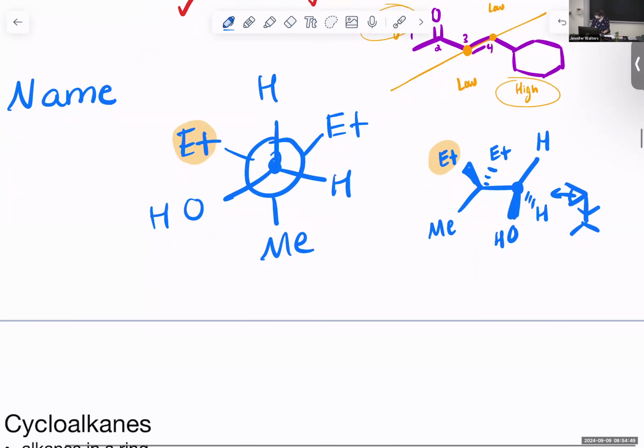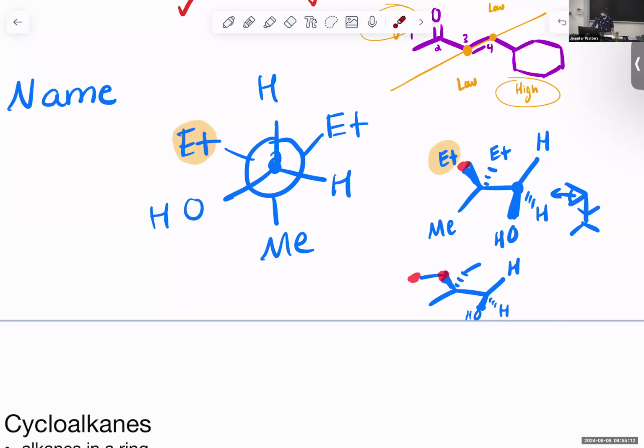So if I make this now just a normal line diagram, it would look like that because ethyl is 2 carbons.